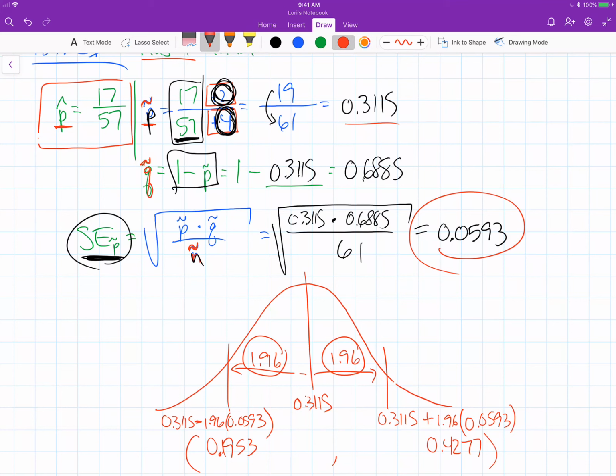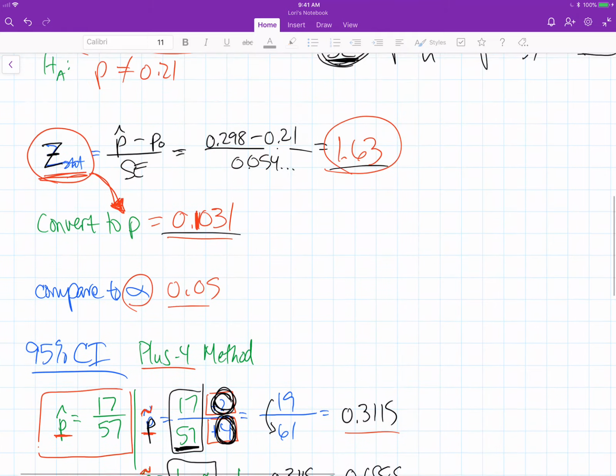So now we've created a confidence interval, and I'm going to round it here, of 19.5% all the way up to 42.8%. This is a 95% confidence interval around what we think the proportion is for smokers. Let's go back up to the top and put that in.